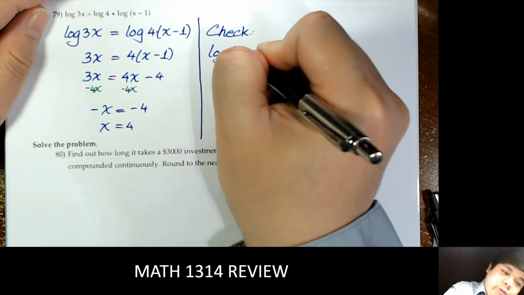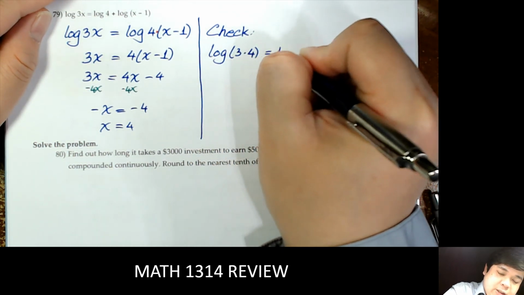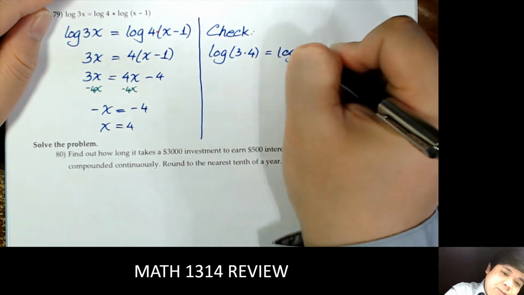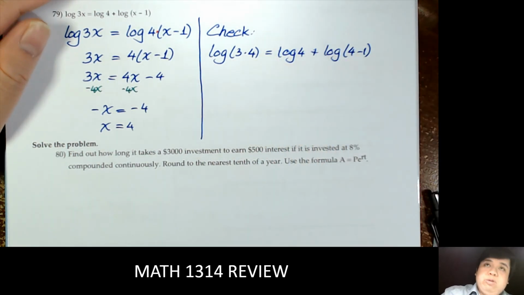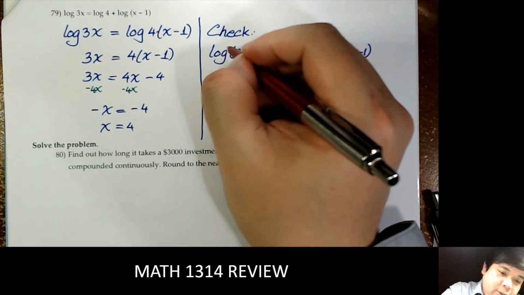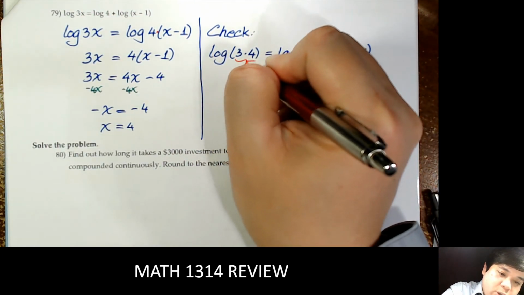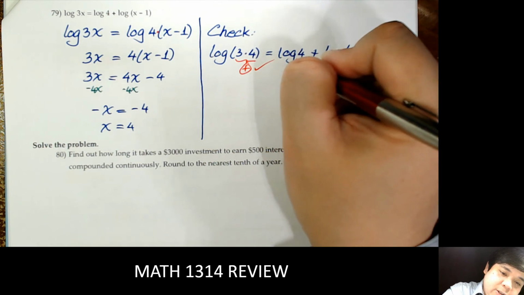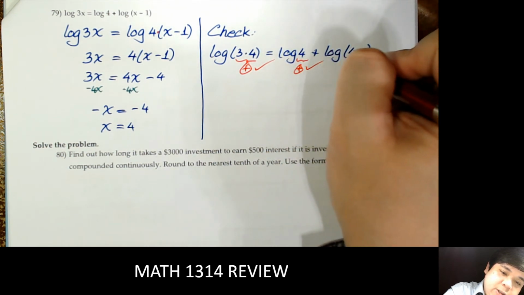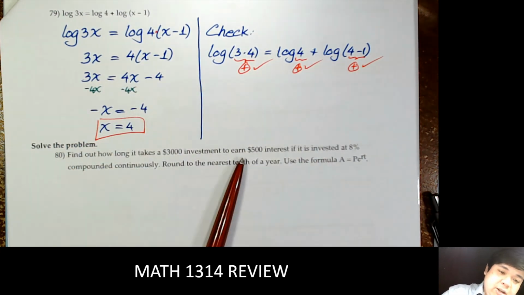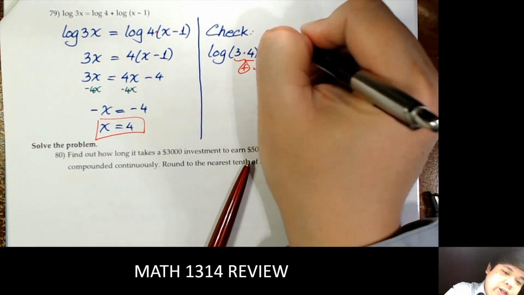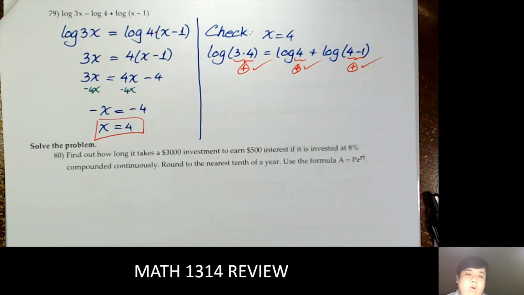So put 4 in for x. All of them are positive. So this is the good answer, because when x equals 4, all the arguments of all the logs are positive. So we have x equal to 4, which is good.